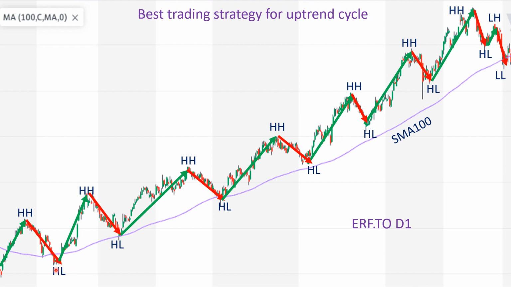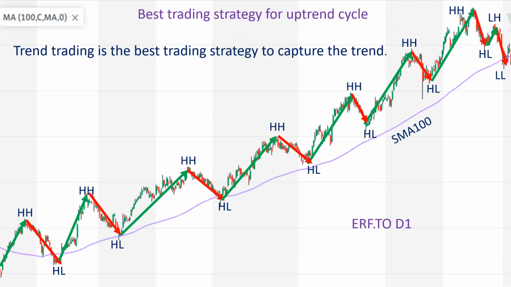Now these are the areas that are close to the market structure. That is where you enter the market, and these are areas where short traders usually exit the market, at the higher high.